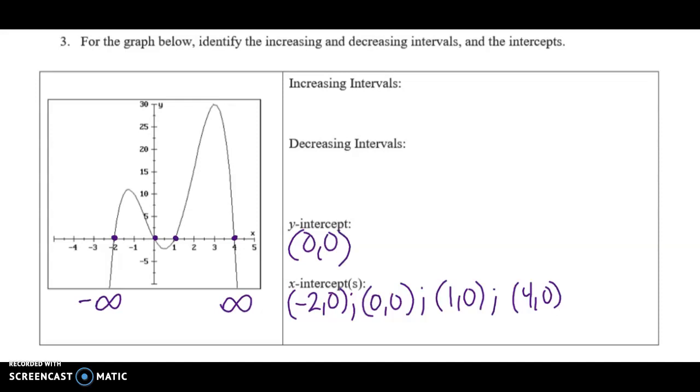Then I need to examine it. Find those turning points so that we can estimate it. I'm estimating a little bit over a -1, so maybe we'll say like a -1.2.